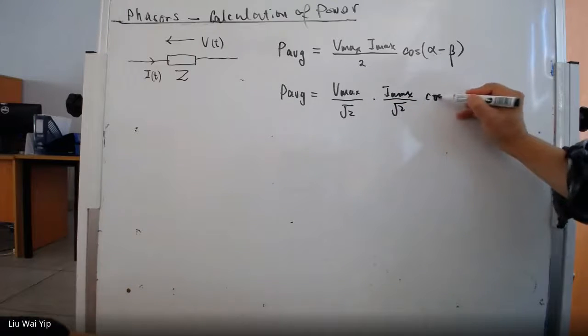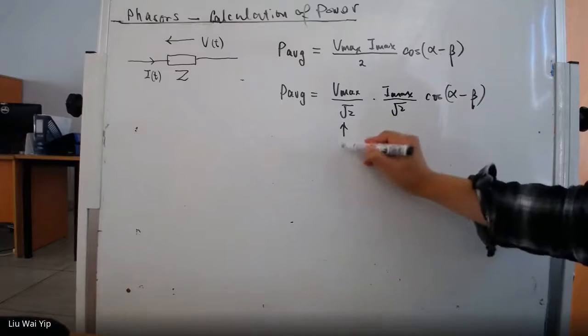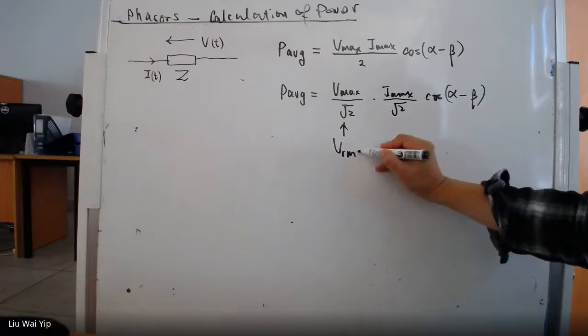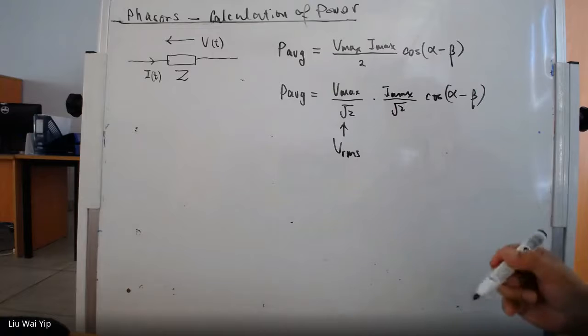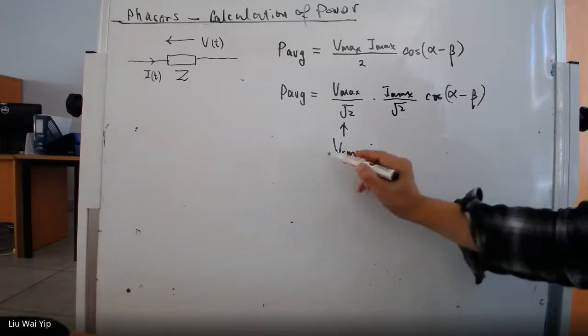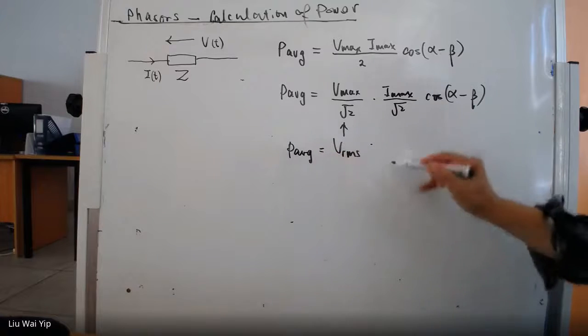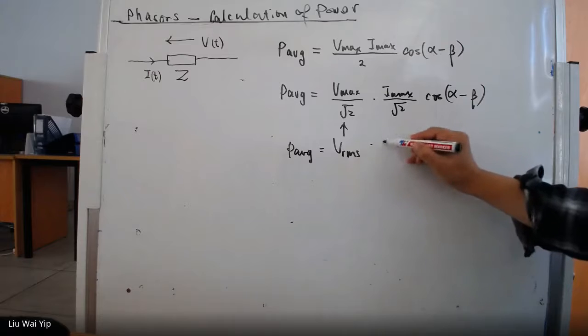They call this value root mean square, the root mean square of the power. So whenever we use phasor analysis, we should use the root mean square value.